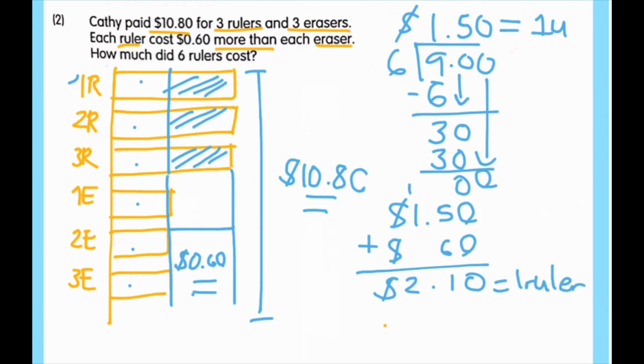How do we know how much is 6 rulers? Correct. To find out 6 rulers, we multiply $2.10 by 6. I hope you get the answer for this problem.